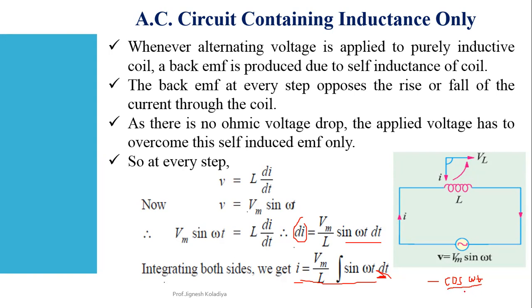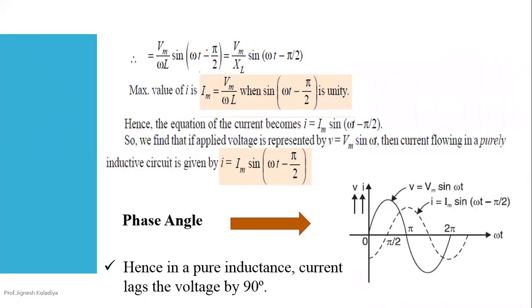I have to write the omega, because integration is not with respect to d omega t, it is only with respect to dt. So Vm upon omega L into minus cos omega t.